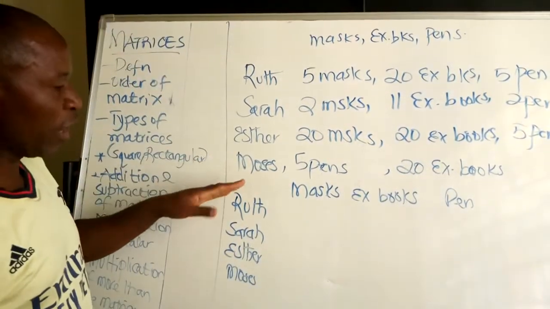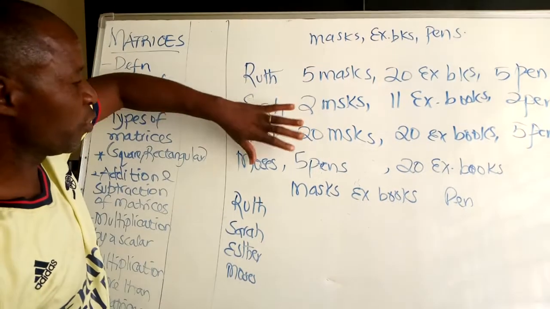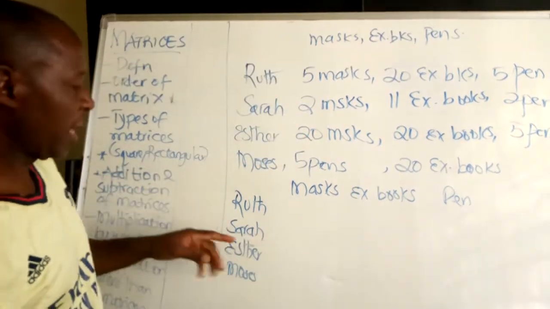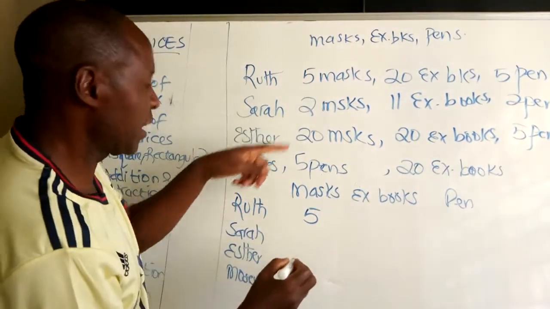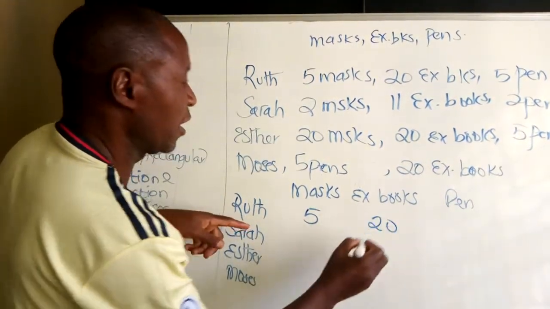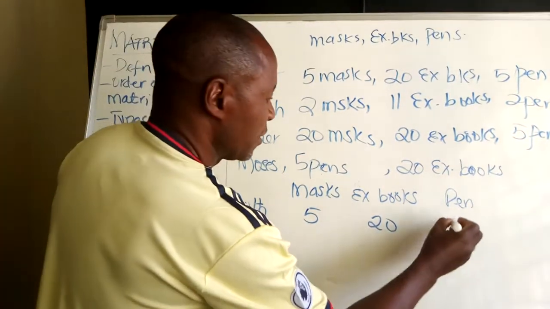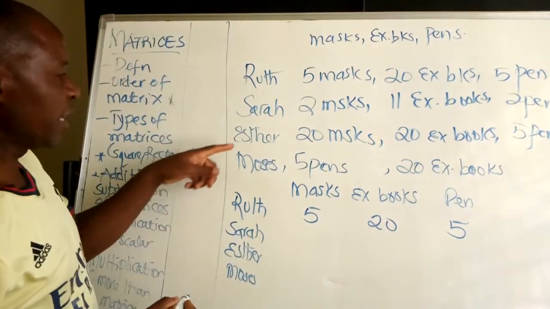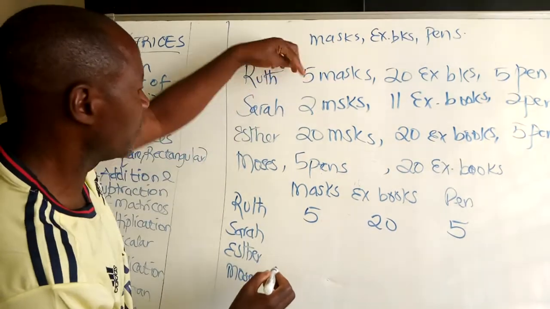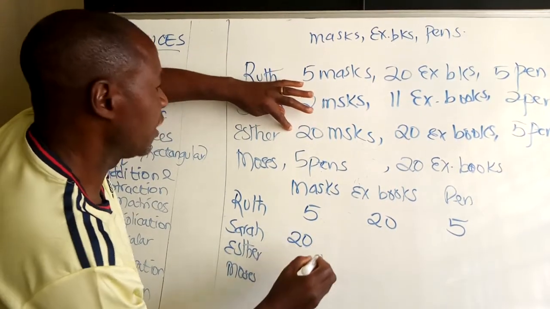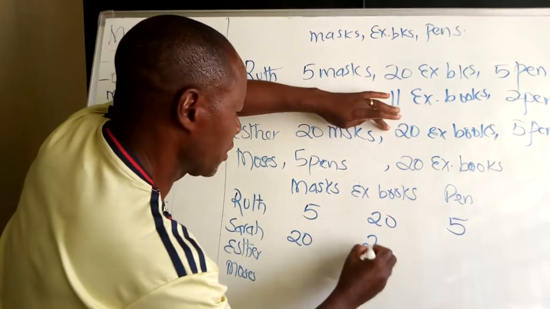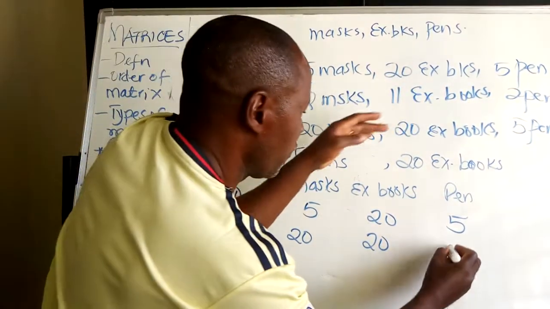I want to now fill in this information which was in words. Ruth has 5 masks, 20 exercise books, and 5 pens. Esther has 20 masks, 20 exercise books, and 5 pens.